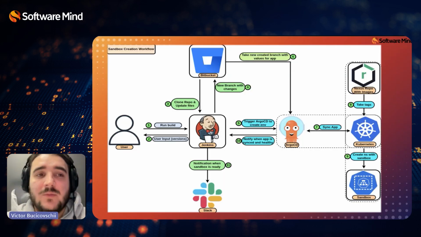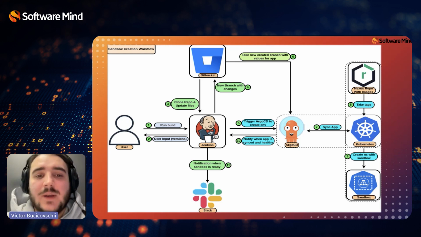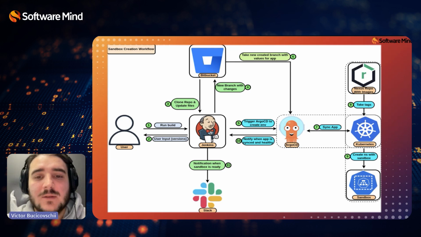We'll go through the process overview, how it's created. So mainly the user, developer, or QA has access to Jenkins, and it's a job with parameters. Users run this job, and after that they must choose versions or branches of services.